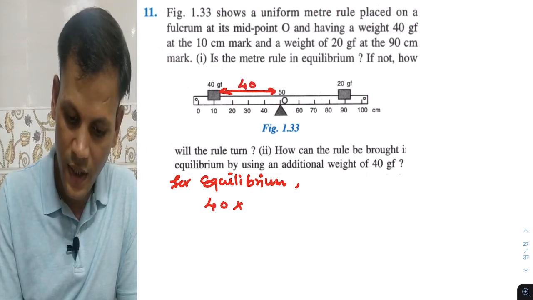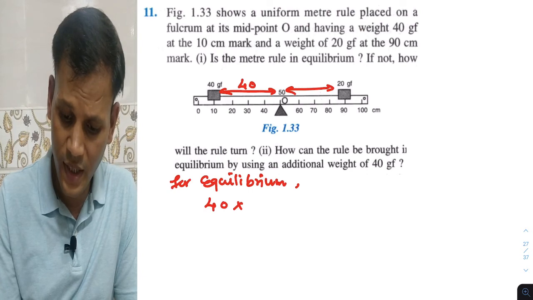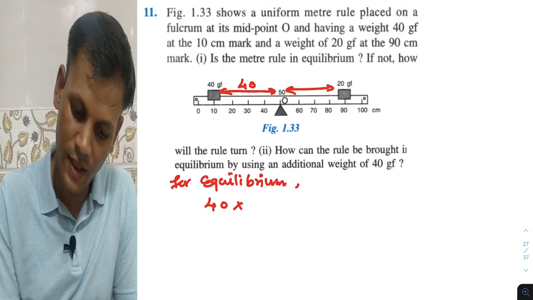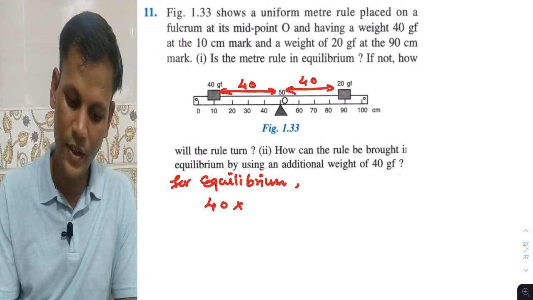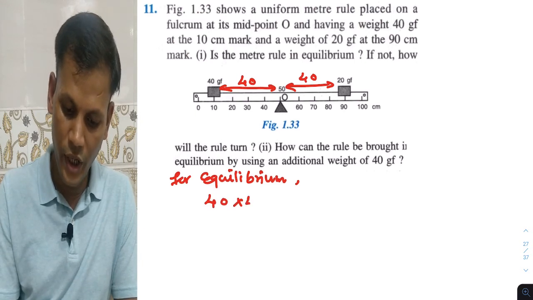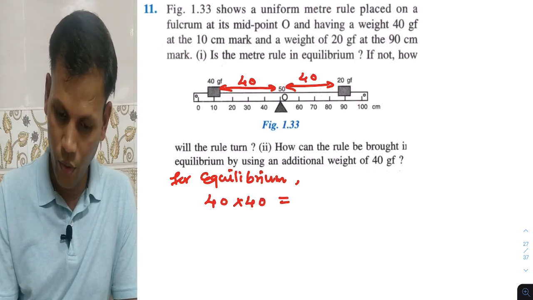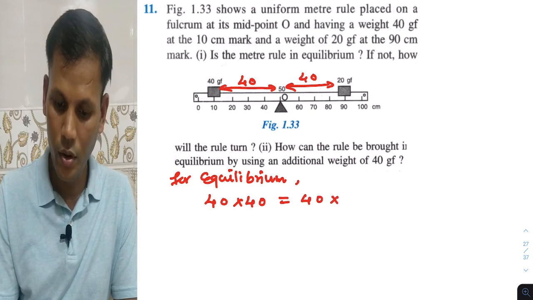And this distance is 90 minus 50, that is 40 again. So we will write 40 into 40 equals 40 into 20.